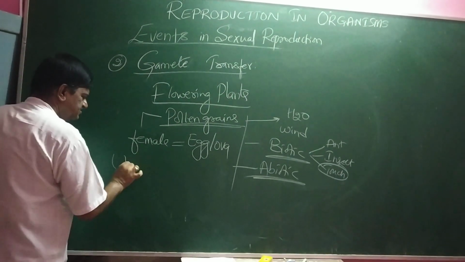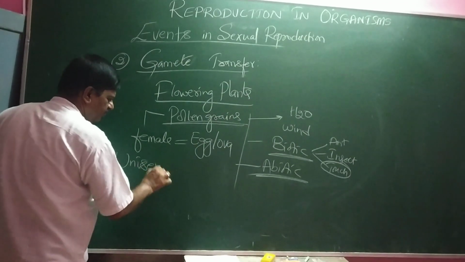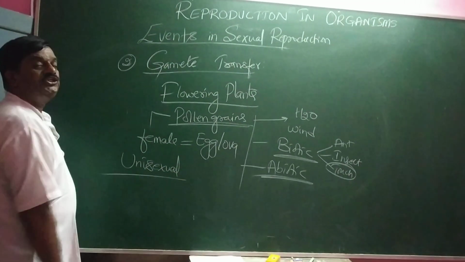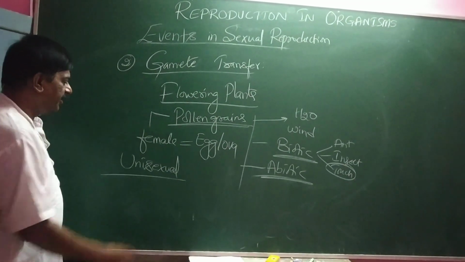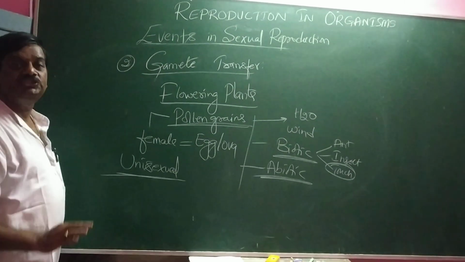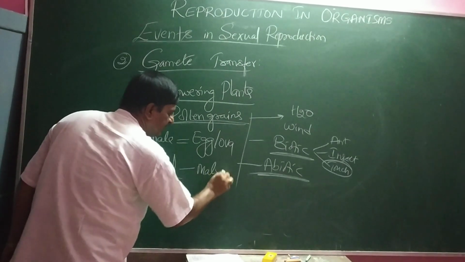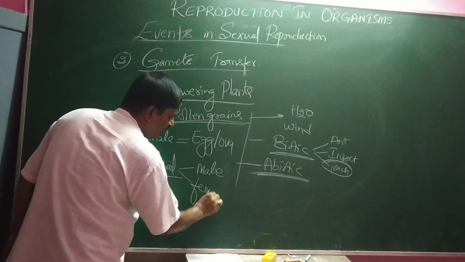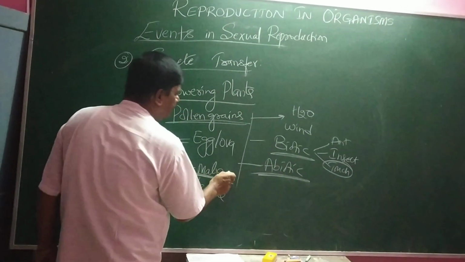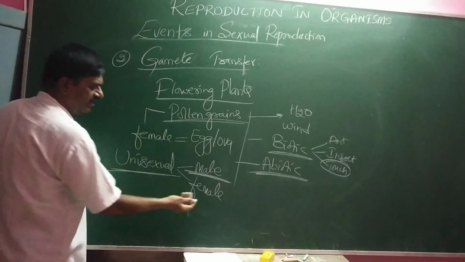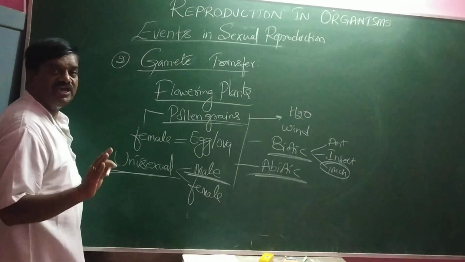Whereas in some of the unisexual flowers, the meaning of unisexual is that the male flower is different and the female flower is different. The male flowers produce pollen grains, whereas the female produces egg or ova.